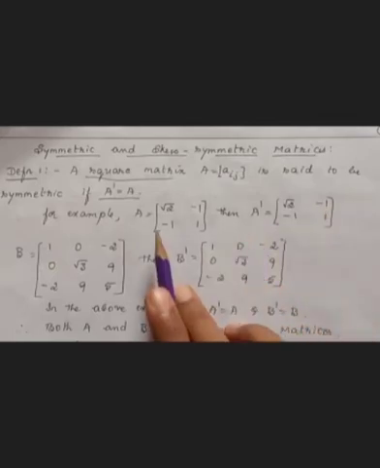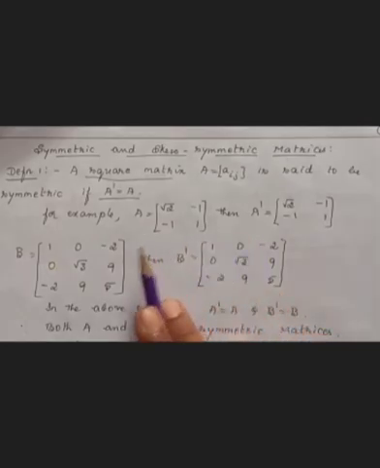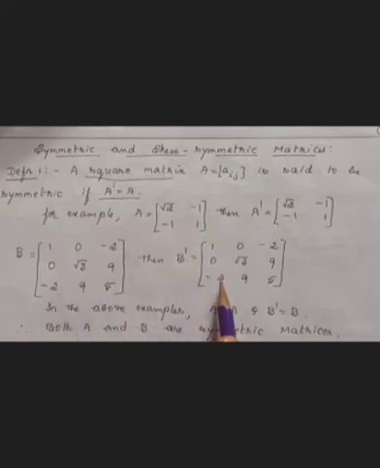That means A is equal to A dash or A dash is equal to A. One more example. Here also this is the matrix B and this is B dash. Each entry of the matrix B is equal to the corresponding entries of the matrix B dash. Therefore, we say that B is equal to B dash or B dash is equal to B. So, these are the examples for symmetric matrix.